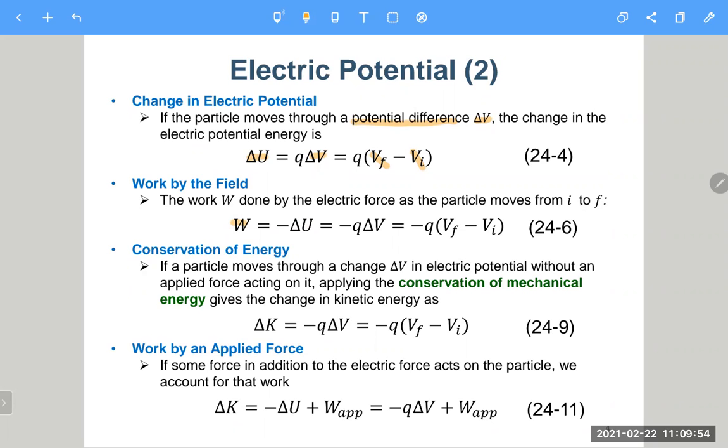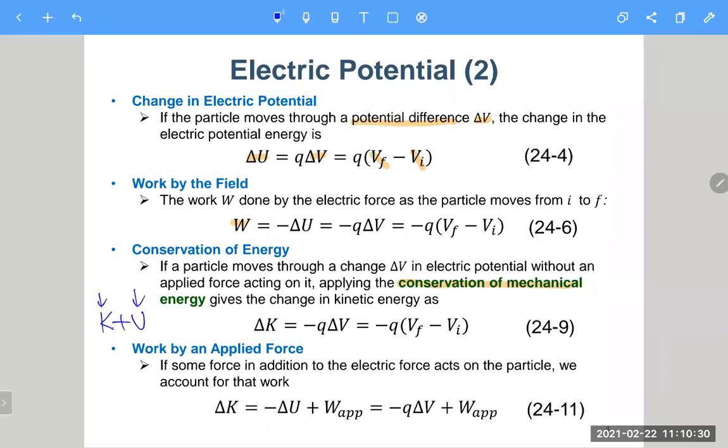And actually, this is the conservation of energy, which means that suppose without any loss, we have conservation of mechanical energy. Mechanical energy is K plus U, K is the kinetic energy, U is the potential energy.